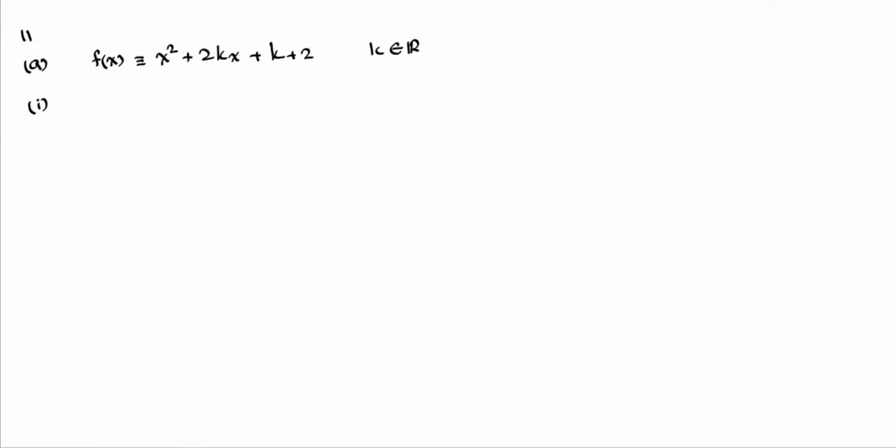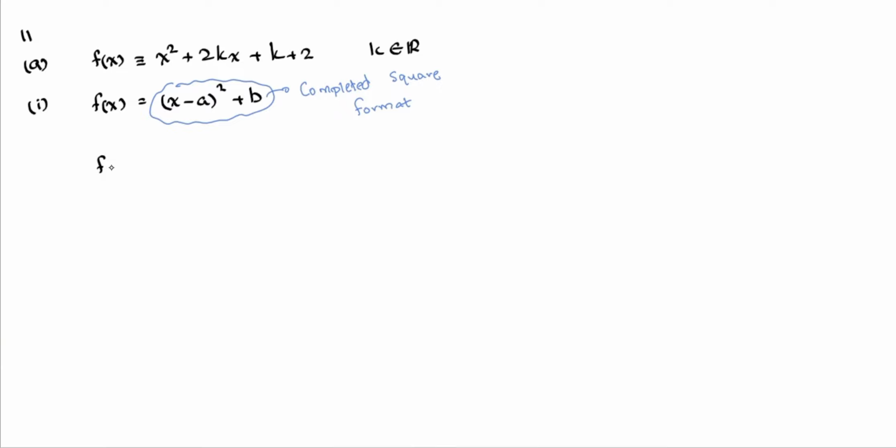Okay, when they are telling something like this, what you have to do is express f(x) in this format, (x minus a) whole thing squared plus b. You can see this particular format is the completed square format. So what you have to do is take this f(x).